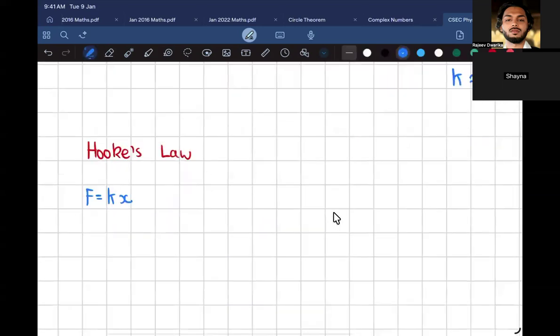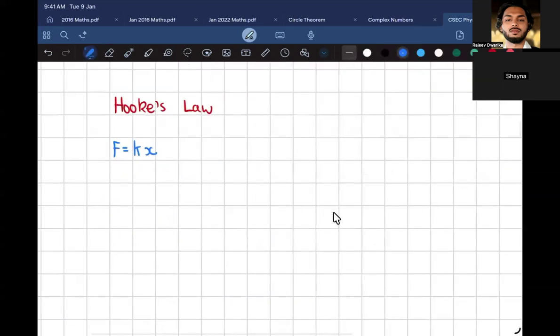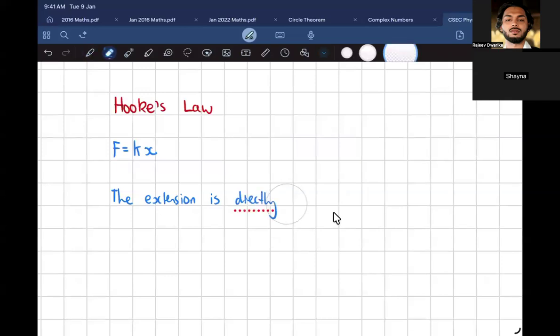And do you remember what Hooke's law says? That the extension is directly proportional to the force acting on it within the elastic limit. Right, because if it goes past the elastic limit, we're going to ruin the spring. It would not be able to go back and retract.